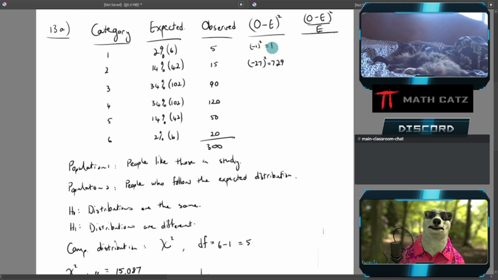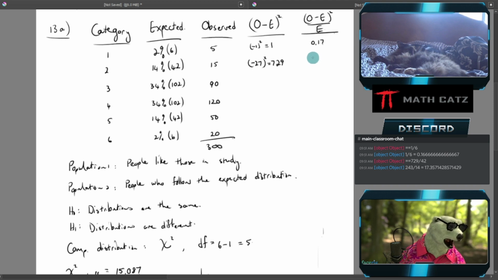So I have 1 divided by expected 1/6. Let's show it there. 1 divided by 6, everyone knows that, 0.1666, repeating. So then I'll round that to 0.17, let's say. And then the next one will be 729 divided by expected, which is 42. And we get 17.36.